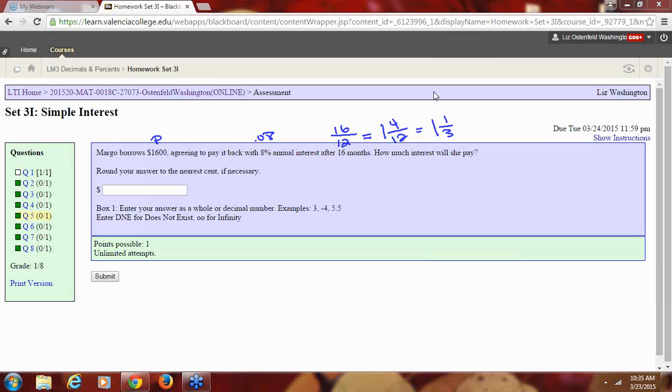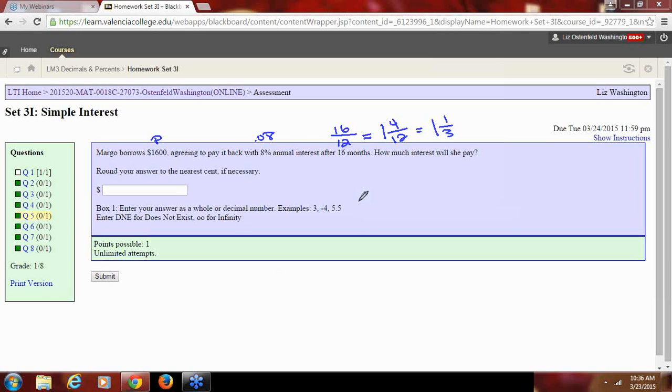Okay, 1.33. And it didn't like that answer, or I would leave it as a fraction, just because. Oh, okay, good. Alright, so let's do this one. Let me get my pen back. Okay. So, I mean, you would just write 11 over 12 for 11 months, and you would write 18 over 12 for 18 months.